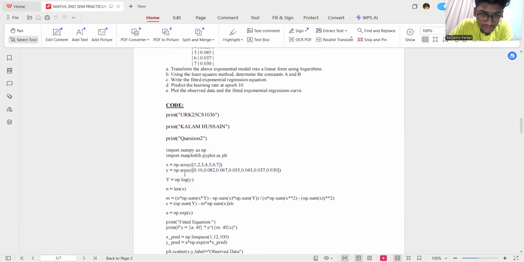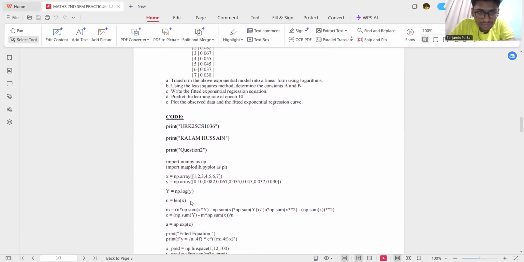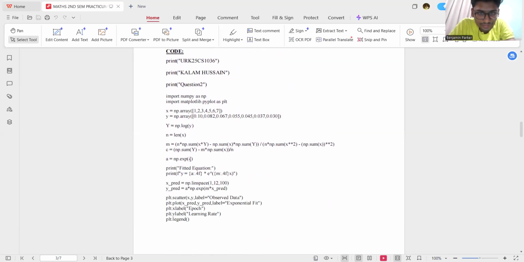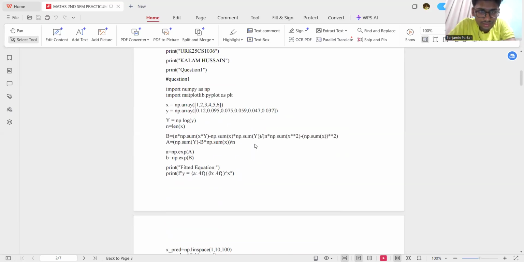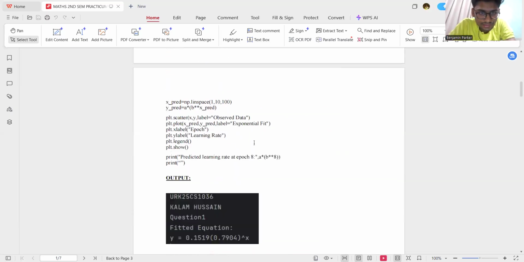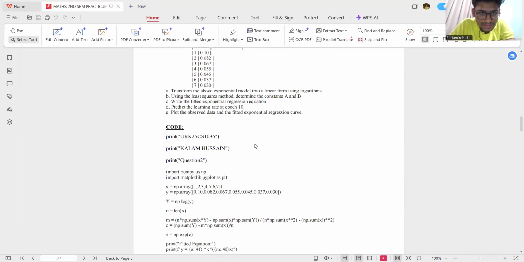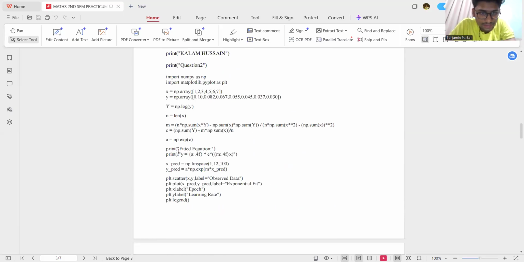x and capital Y, n is equal to the length of x, and m is equal to, here the value has been changed, m and c. The formula is the same as in the first one. C is capital B and A, but in this case it's M and C, and then X prediction and Y prediction.